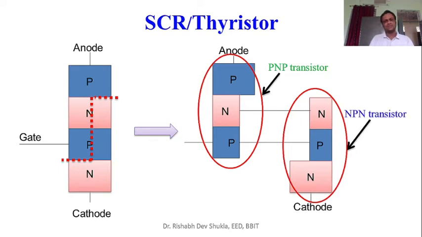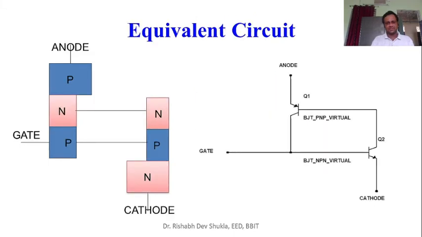So that means in the structure of SCR, we will have the 2 virtual transistors, one transistor is NPN and another transistor is your PNP. If you are trying to draw the equivalent circuit of this thyristor, we will have the two transistors here, Q1, Q2.